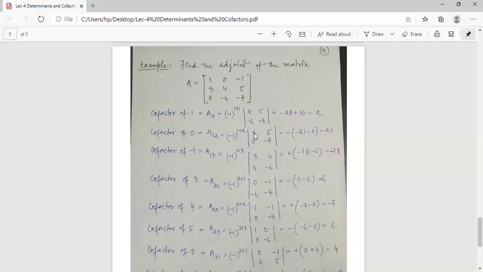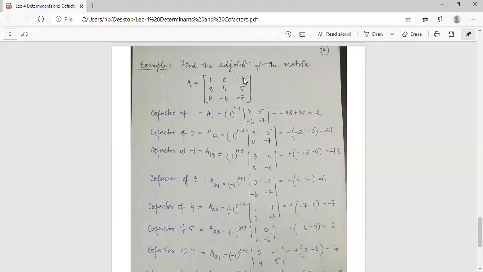And the minor of the element 0, that means now exclude the corresponding row and corresponding column and then find the determinant value. That is 3 into -7 minus 5 into 0, so that is equal to 21.